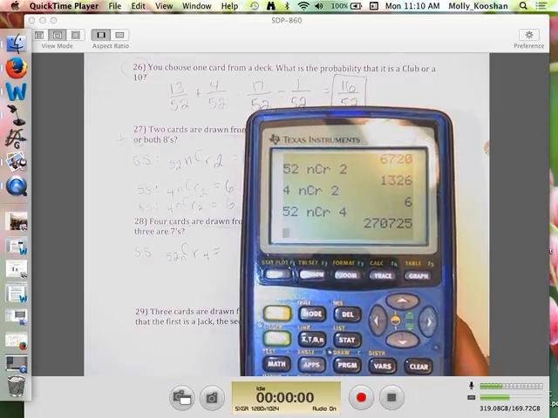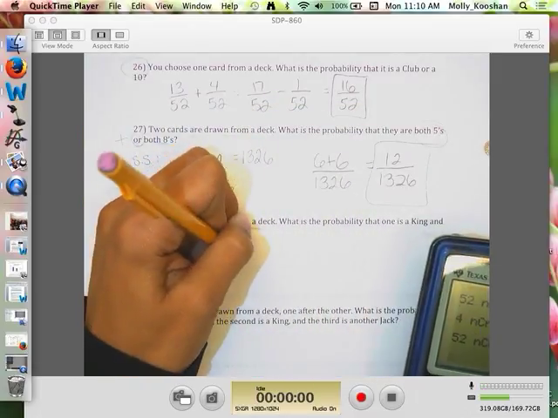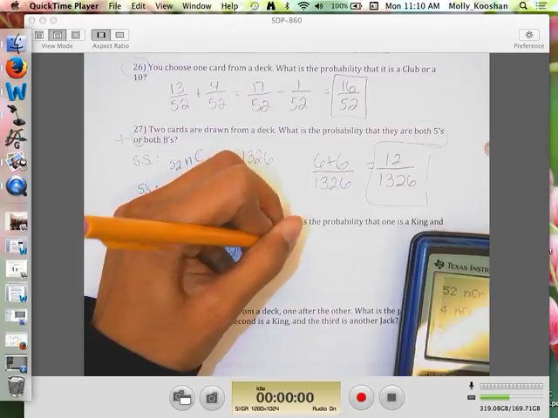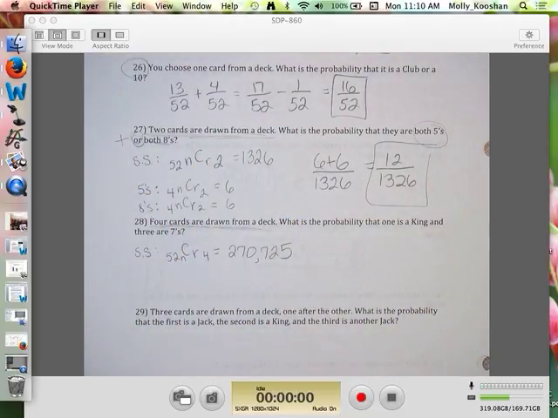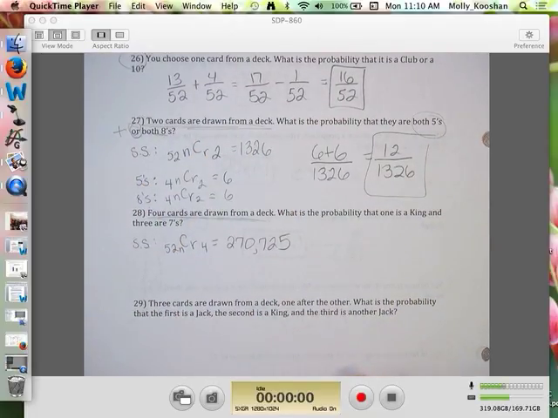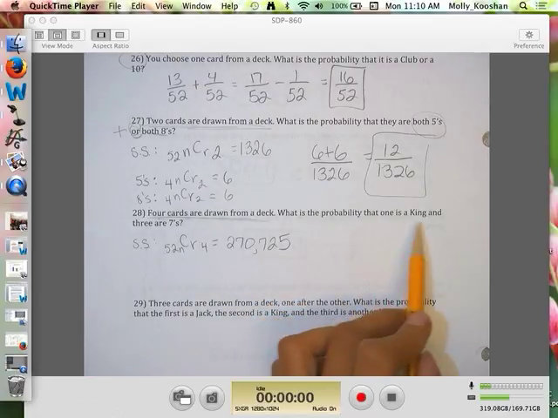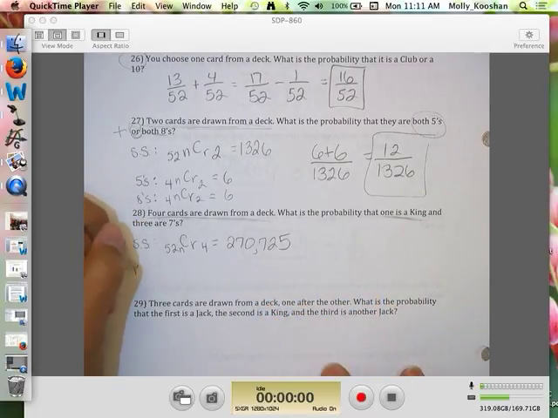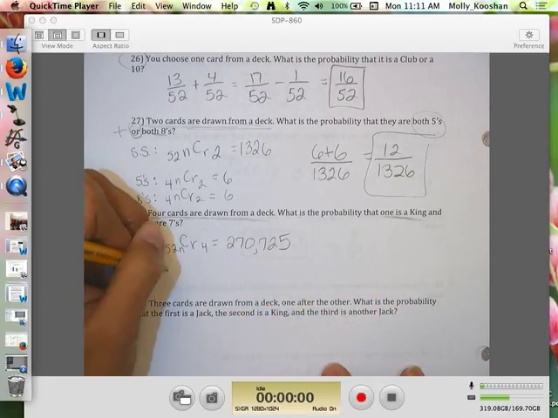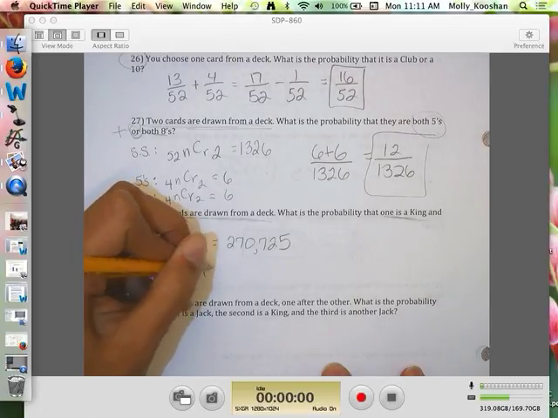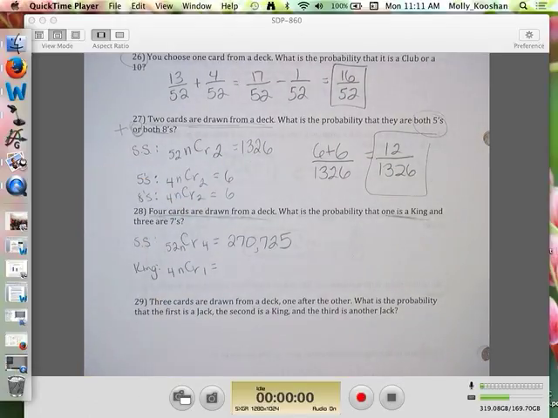So 270,725. Okay, now, what is the probability that 1 is a king? Okay, so there's 4 kings, and we want to choose 1.